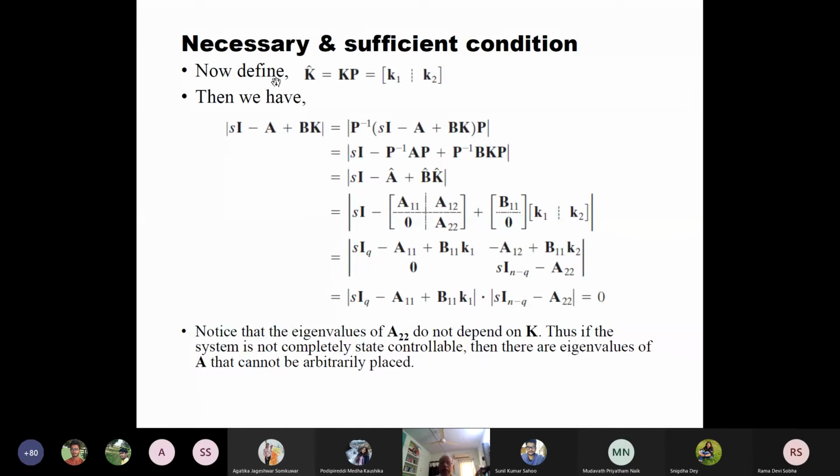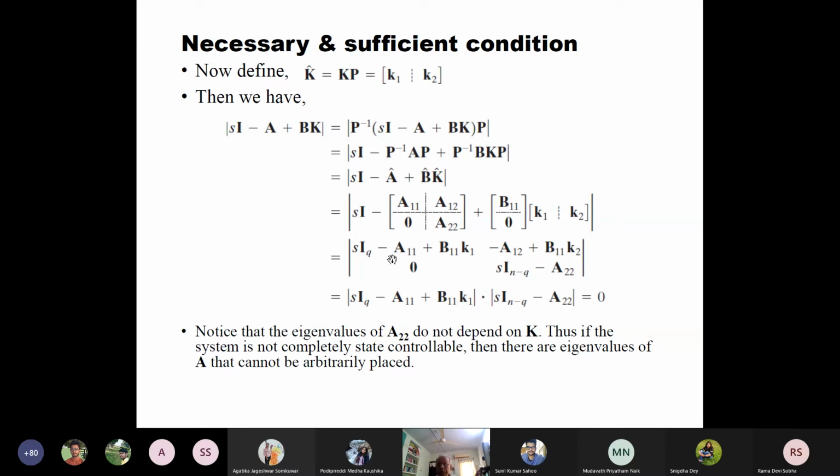So I transform the K matrix to K hat, which is K into P. This will be K1 and K2, and we write sI minus A plus BK, which will be P, P inverse sI minus A plus BK P in terms of the P transformation matrix, and I will finally have this expression.